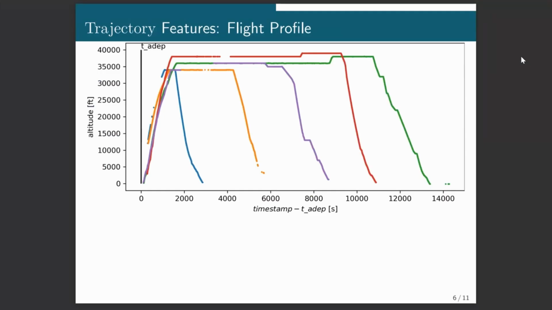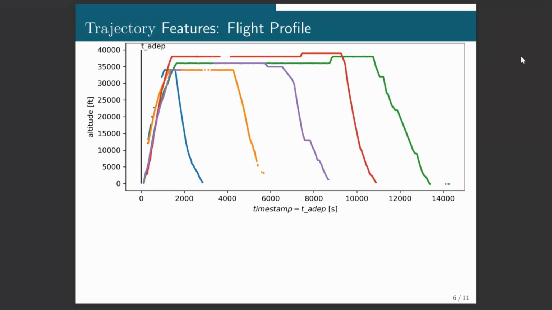For instance, if we go here and we compute the altitude for 5 flights here, well, this feature will represent the cruise altitude for the red and the green one, the cruise altitude at the beginning of the flight for the red and the green one.